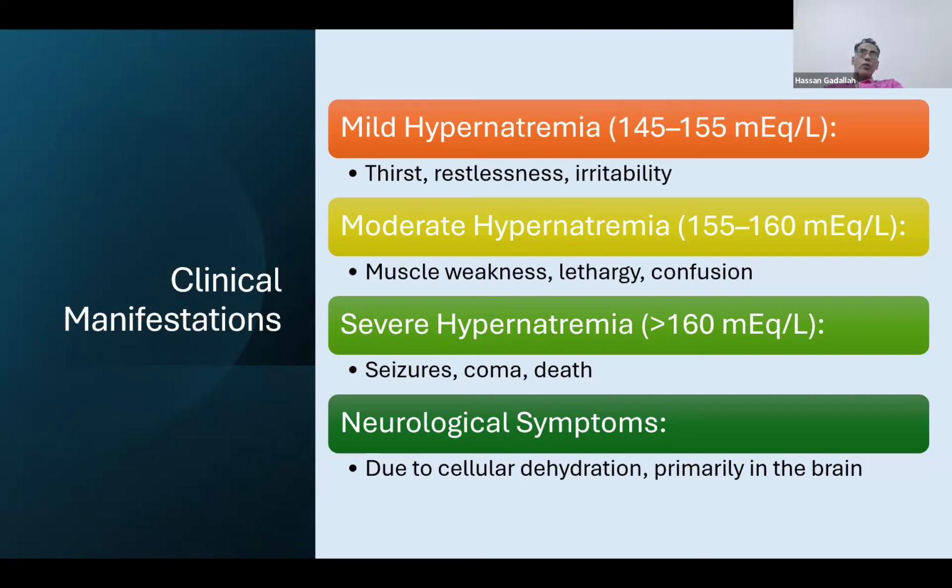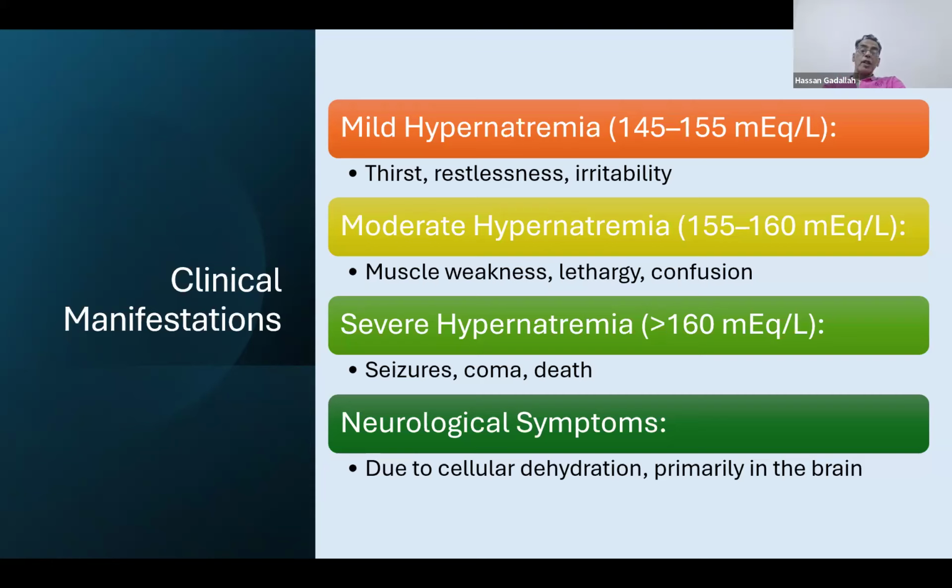Here, I think we mentioned before in hyponatremia that the neurological problems related to disturbance in sodium, whether hyponatremia or hypernatremia, are related to water shift, from the extracellular compartment to the intracellular compartment in cases of hyponatremia, and the opposite in hypernatremia, where there is a shift of water from the intracellular compartment to the extracellular compartment.